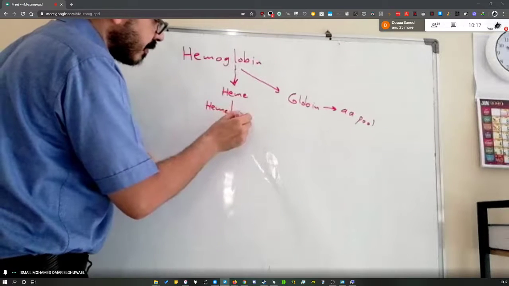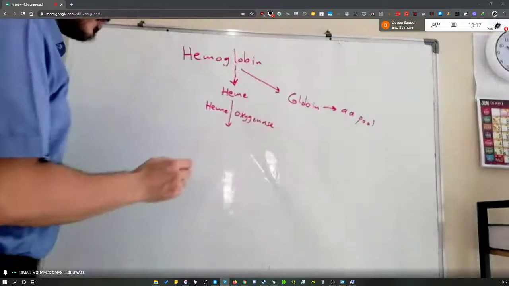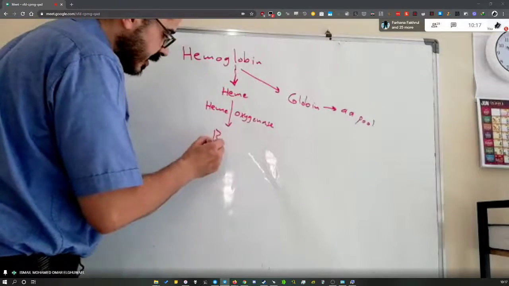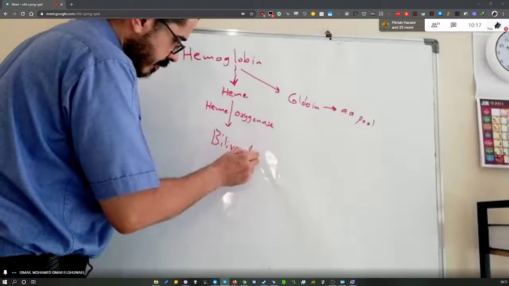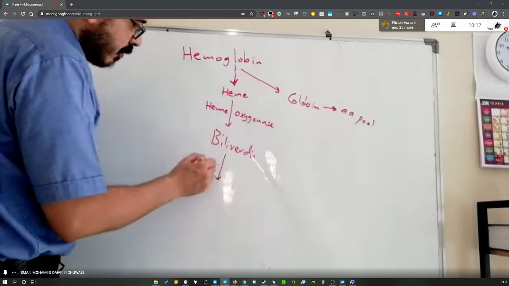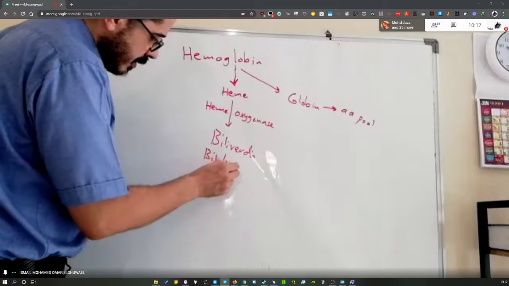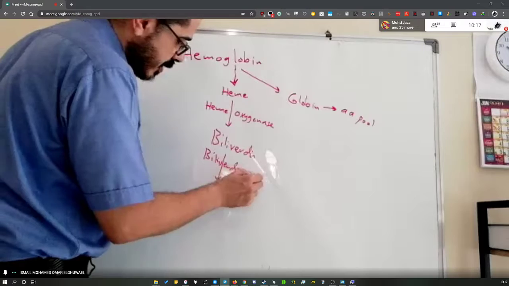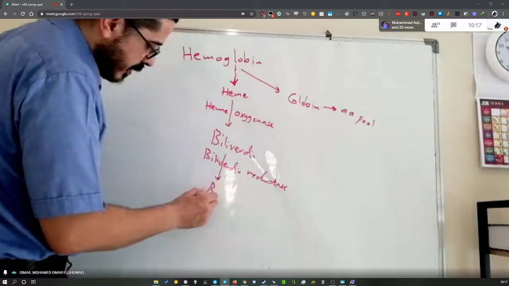Heme oxygenase gives us biliverdin. Then we have the enzyme biliverdin reductase, which gives us bilirubin.